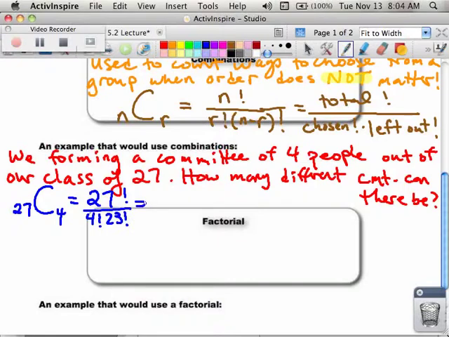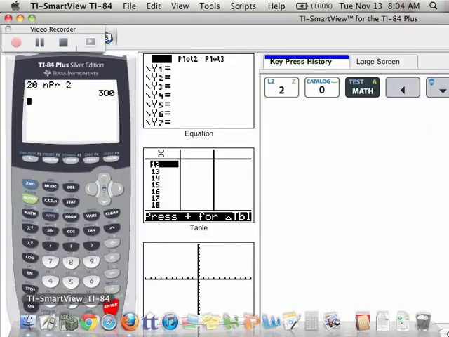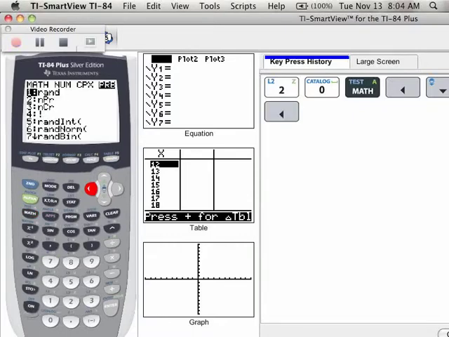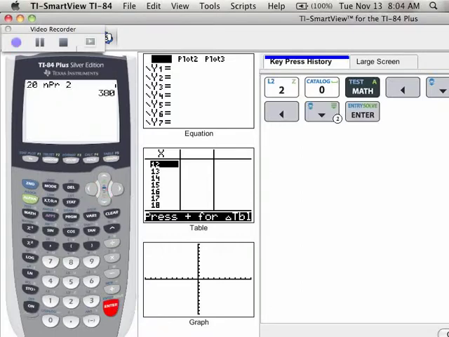And again, we can do this on our calculator. So the 27C4, if you have your calculator, it's very easy to do. We go to our calculator and we type in, like we did before, 27 as the starting place. This time when we go to math and look at probability, you'll see that not the second thing, but the third thing has a capital C. So we arrow down to the capital C, and we hit enter.